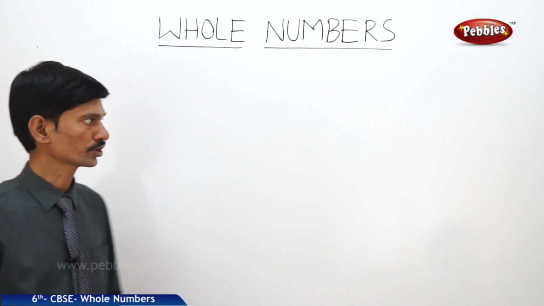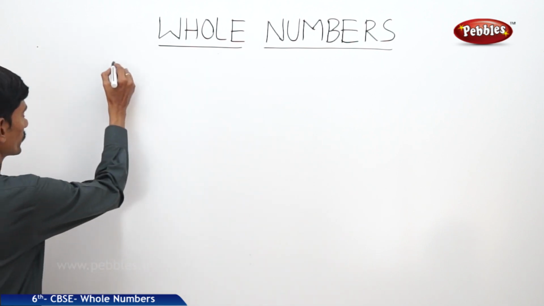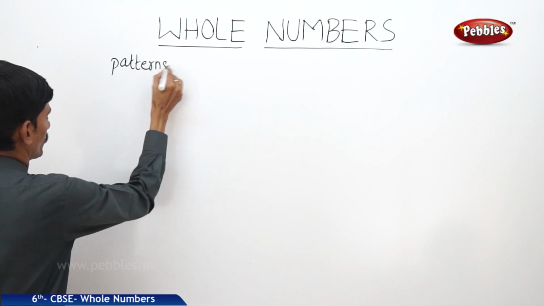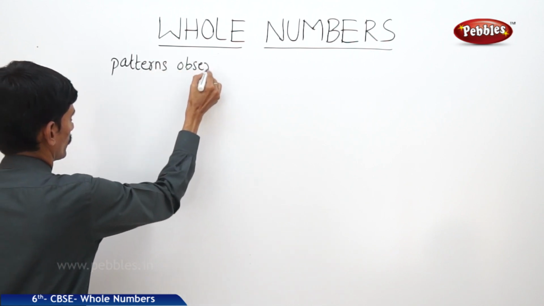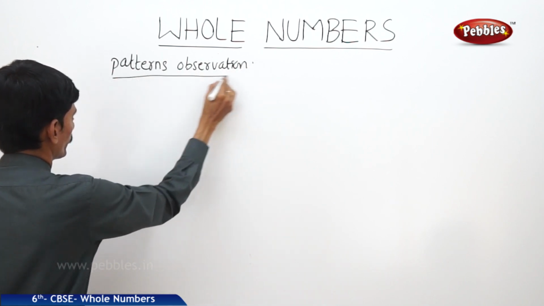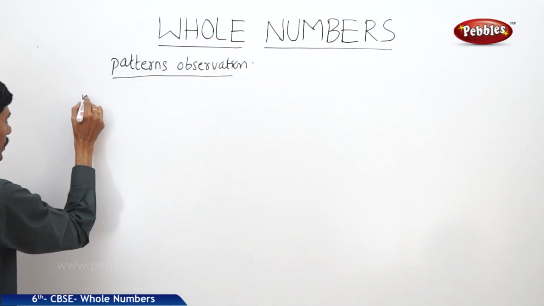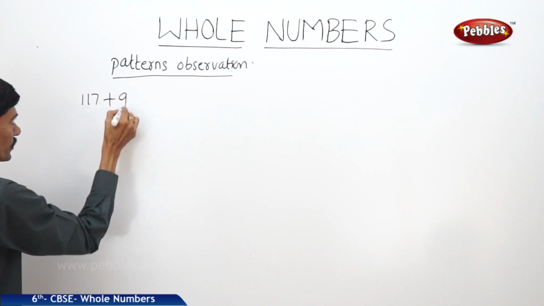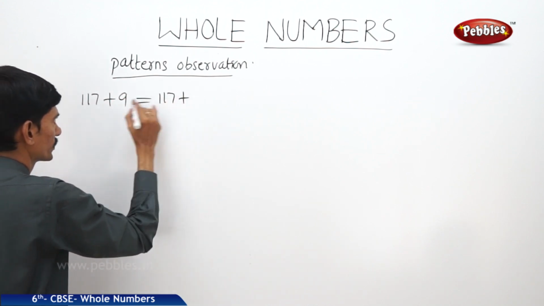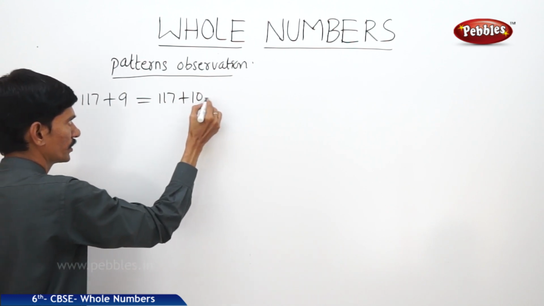Now let's see the next topic, patterns observation. Now if you want to add, for example, 117 plus 9, then 117 plus 9 can be written as 117 plus 10 minus 1.